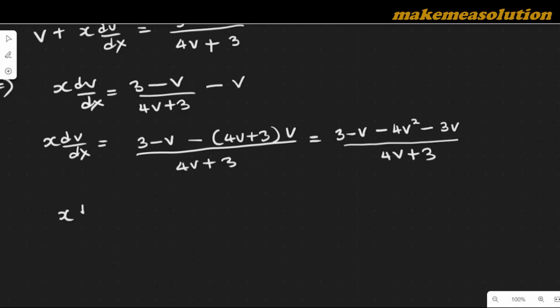So x dv/dx is going to be, so let's go gently, so 3 first of all, minus v minus 3v is actually minus 4v, and minus 4v squared, all over we have, together.